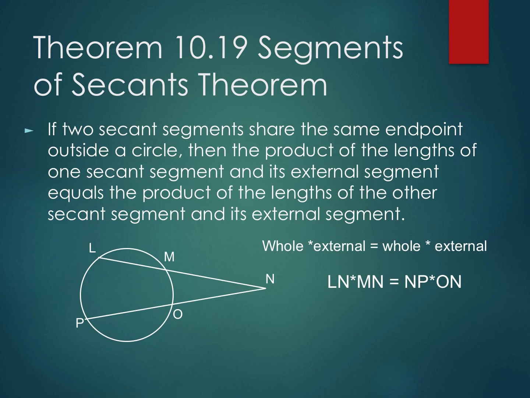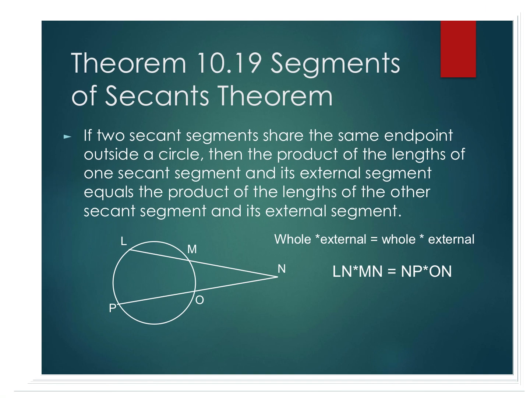Okay. So the theorem 10.19 says that segments of secants theorem. It says if 2 secant segments share the same endpoint outside a circle, then the product of the lengths of one secant segment and its external segment equals the product of the lengths of the other secant segment and its external segment.